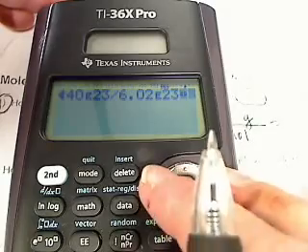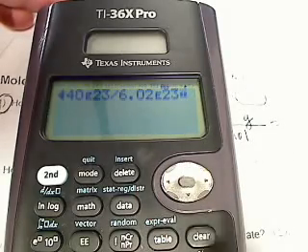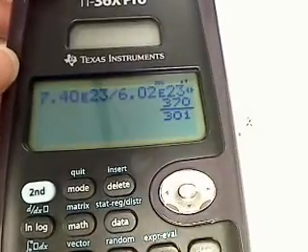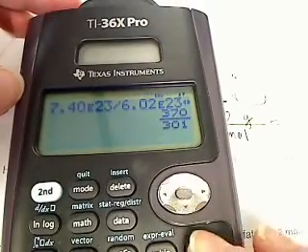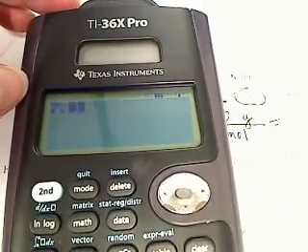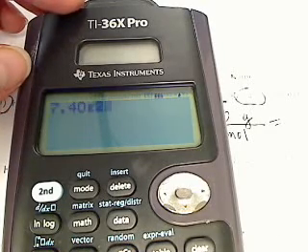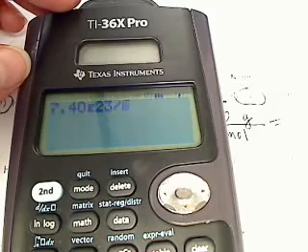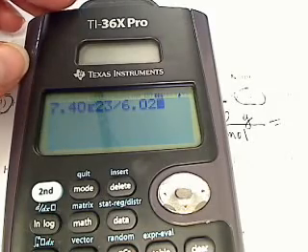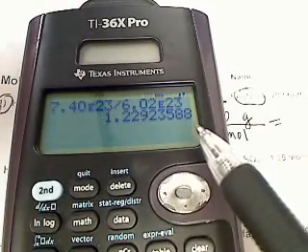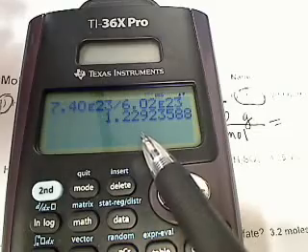I didn't put equals there, did I? No, I just did something wrong. Let's try that again. Okay, 7.40 EE 23 divided by 6.02 EE 23 equals 1.229, so on, right? This is the number of moles we have.